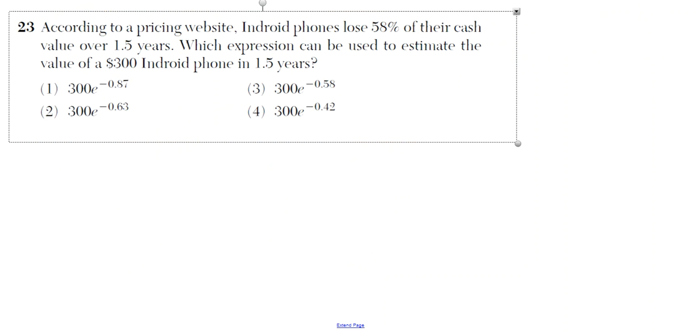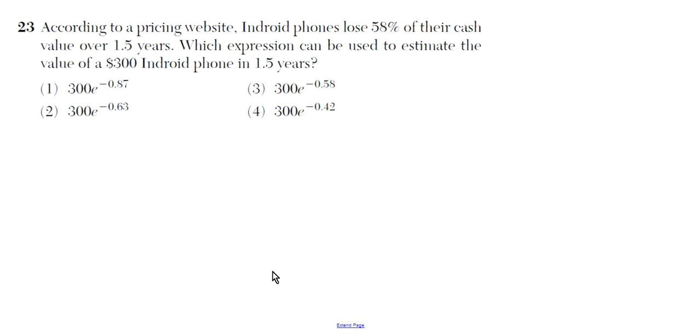Okay, question 23. It reads, according to a pricing website, Android phones lose 58% of their cash value over 1.5 years. Which expression can be used to estimate the value of a $300 Android phone in 1.5 years?